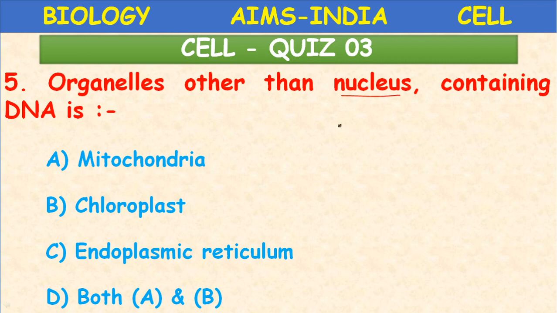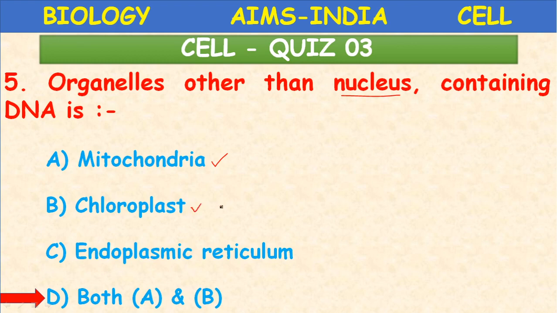Because of the presence of the DNA, these organelles can replicate themselves, self-replication. So that's why they are called semi-autonomous cell organelles. They are present in the plant cell. What are they? Yes, mitochondria and chloroplast.